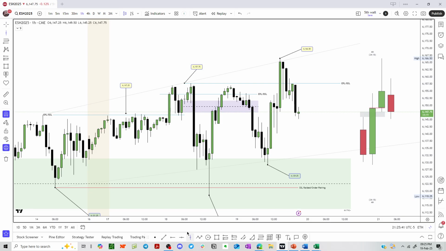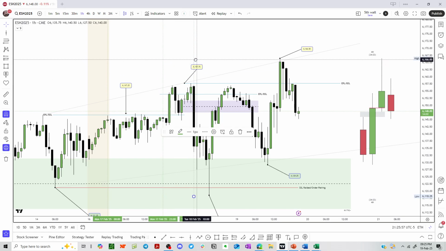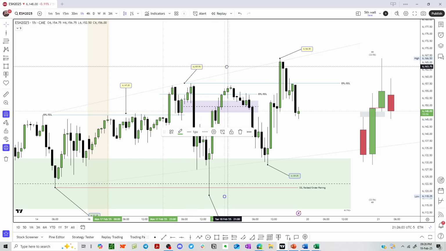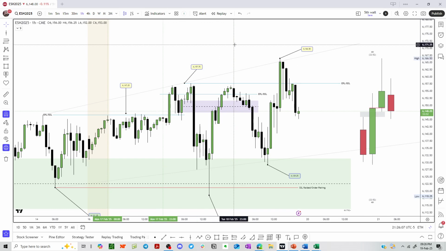Let's try to keep the chart less busy. The indicator normally separates the days for me, but I didn't put it on the 1-hour, so I'm going to do it now.